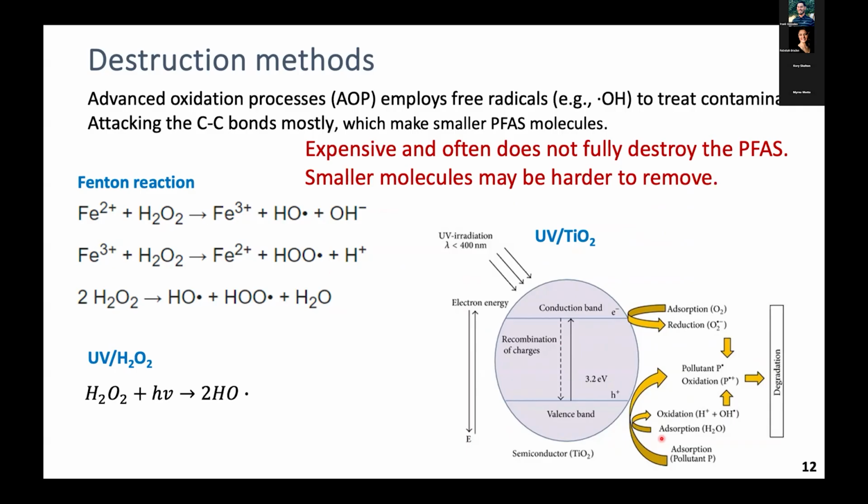And as I just said in the prior slide, those smaller pieces may be harder to remove than the larger pieces. And so advanced oxidation doesn't completely solve the problem, and maybe it makes the problem worse in some cases. So that's something to think about.